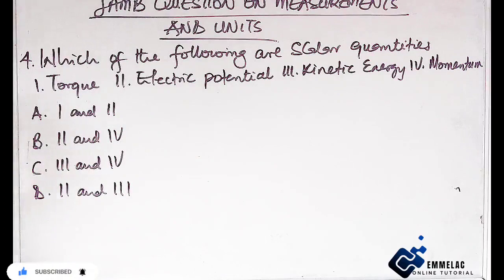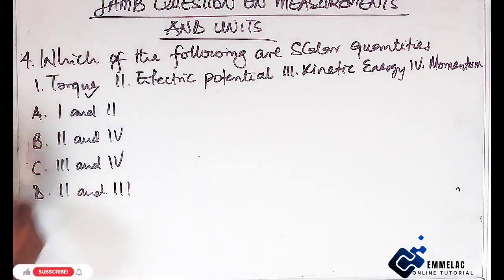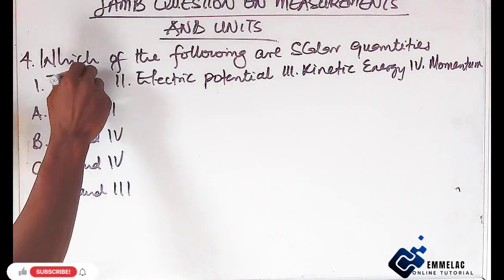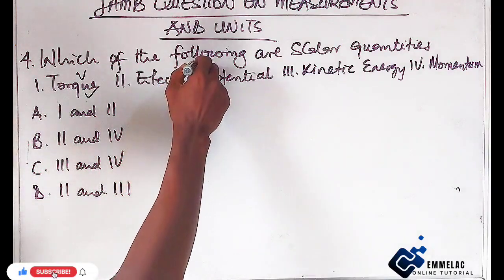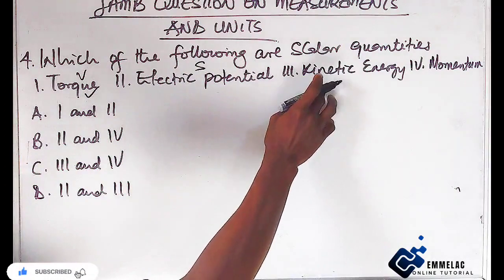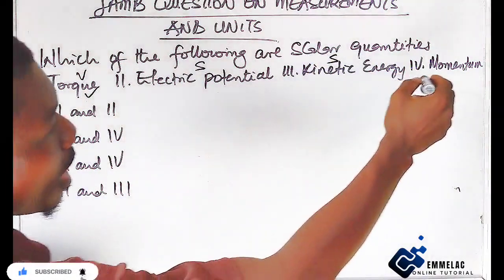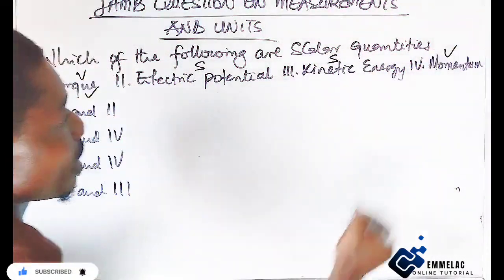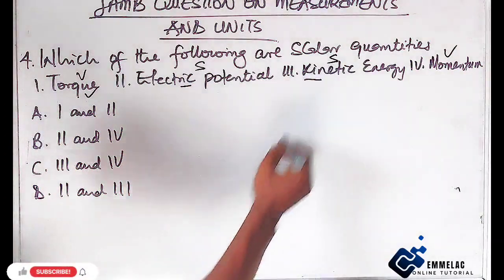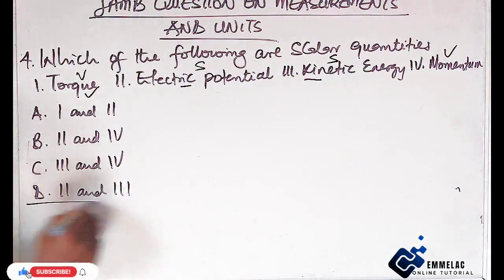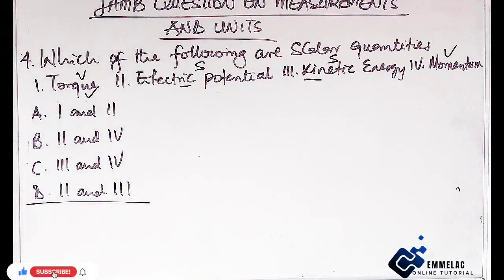Now we know that torque is a vector. We know the electrical potential is scalar, kinetic energy is scalar, and momentum here is a vector. So we only have 2 and 3. Let us look at the option 2 and 3. All right, D is the answer. Now let us move to number 5.